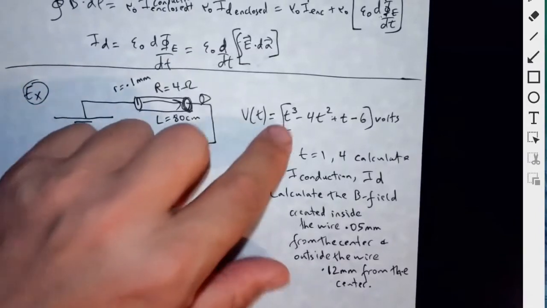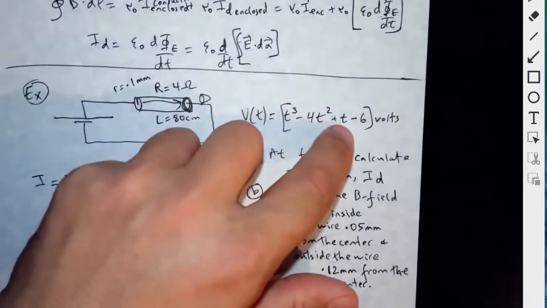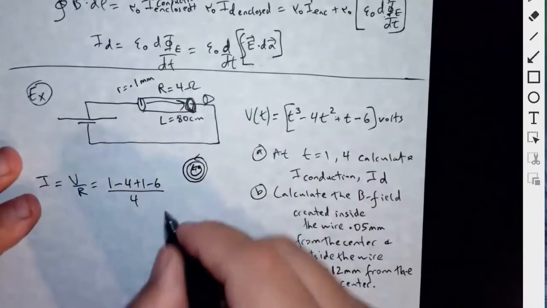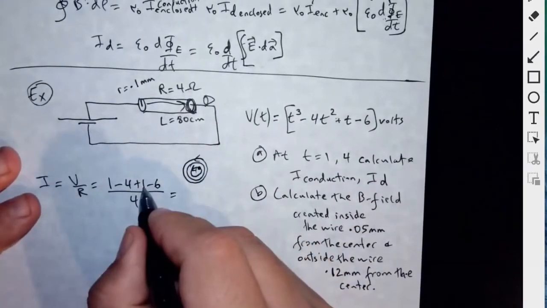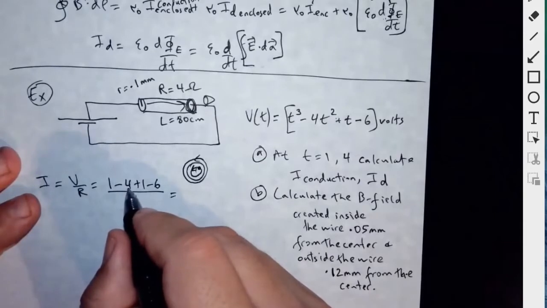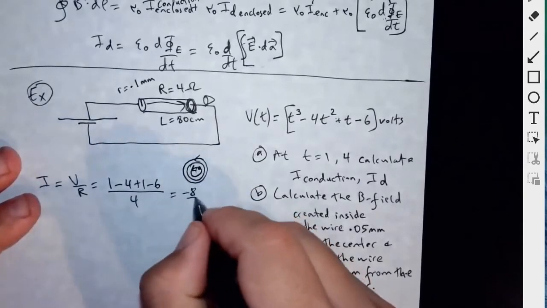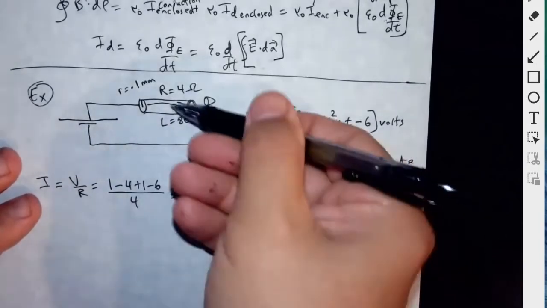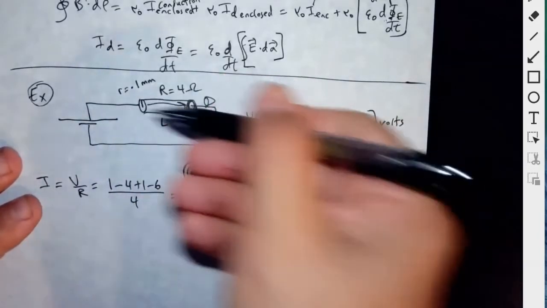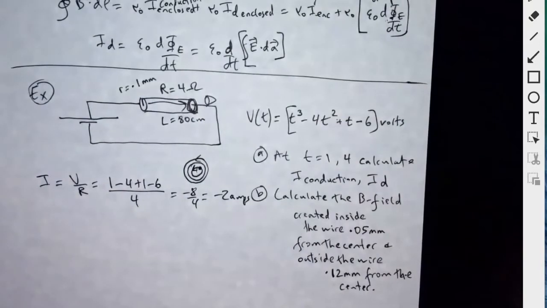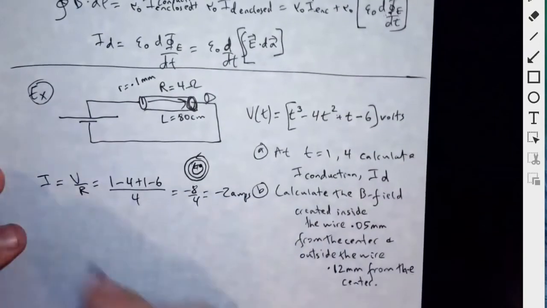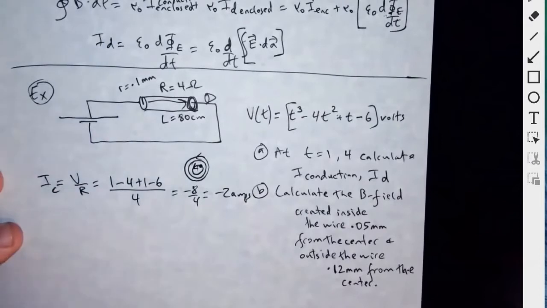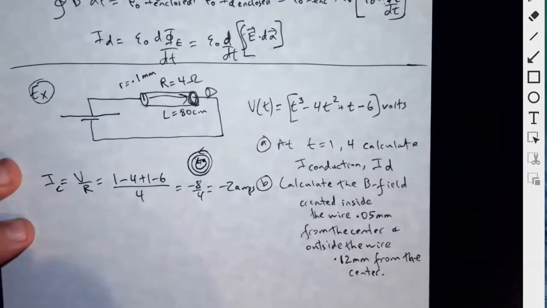So I just put 1 second here, here, and that's it, basically. So this is 2, -4, -2, -8 over 4, so -2 amps. That means the current is actually flowing this way at that time, right? So this is the conduction current, okay?